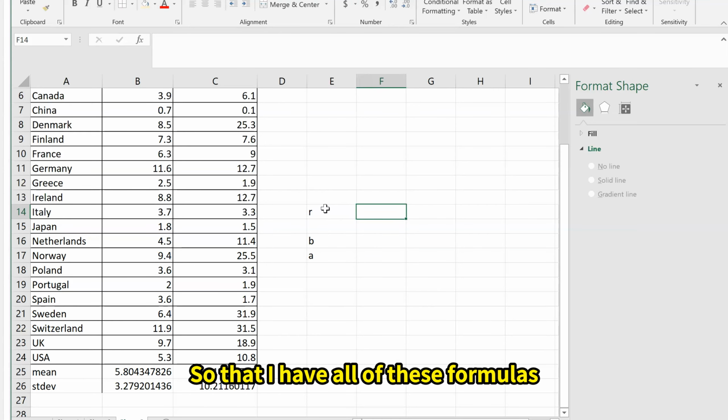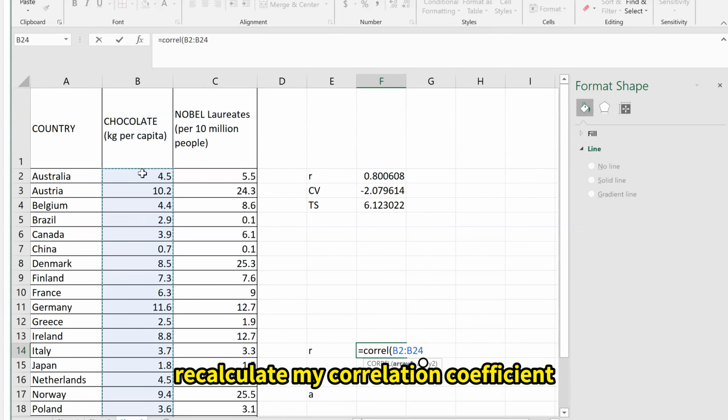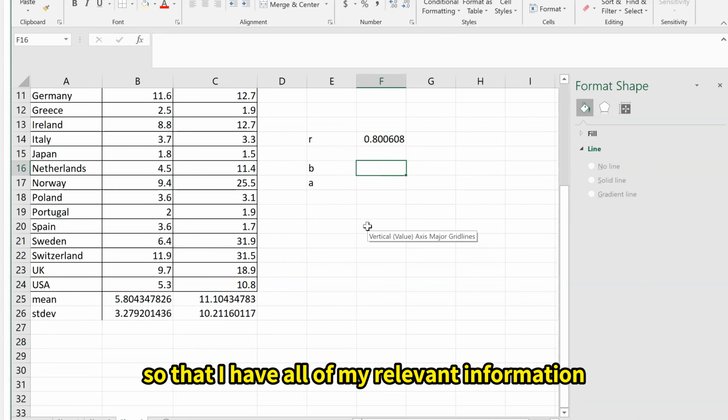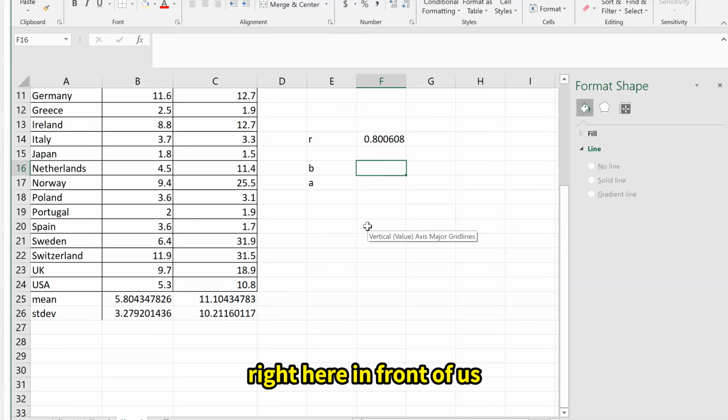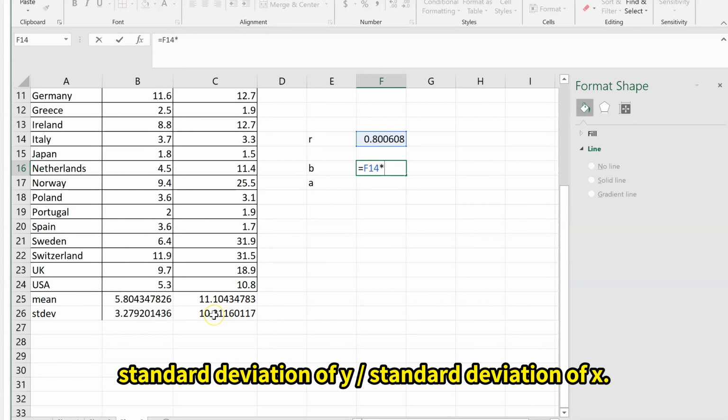So that I have all of these formulas in the same place, I'm going to recalculate my correlation coefficient, so that I have all of my relevant information right here in front of us. b is given by r, so r times standard deviation of y divided by standard deviation of x.